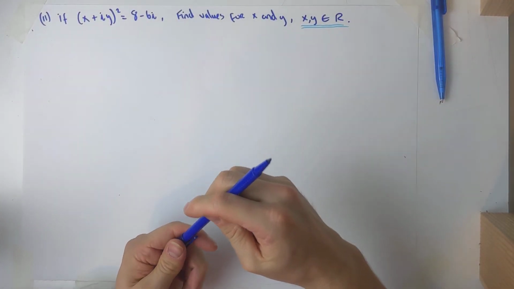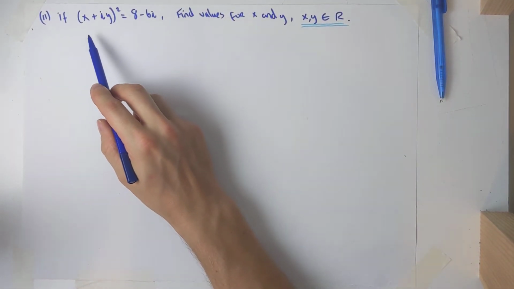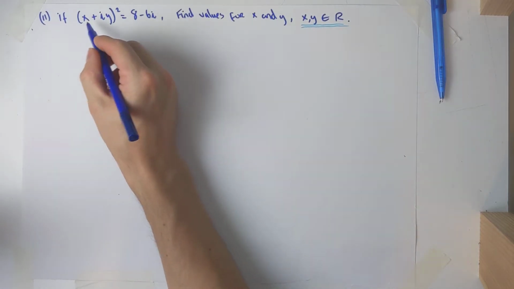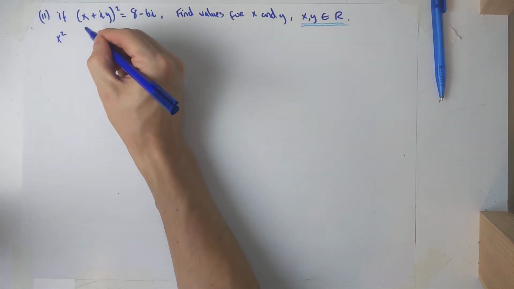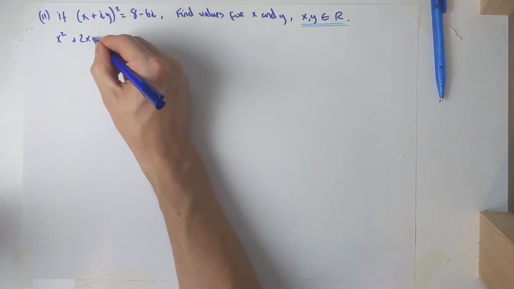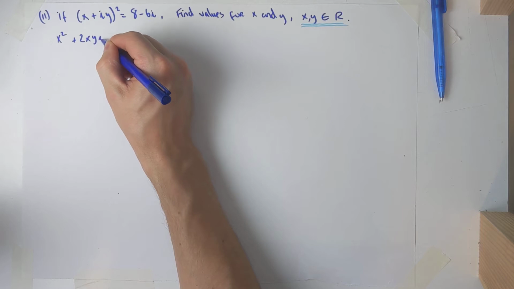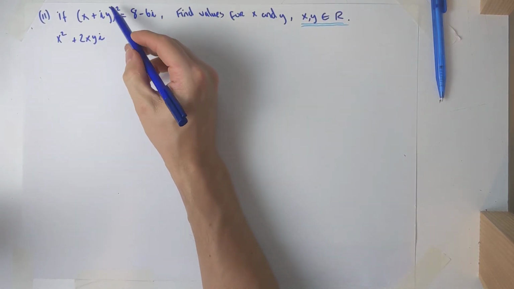So the first thing you've got to do here is expand the left hand side. The first one squared is x squared. Twice the first by the second, you're getting plus 2x, I'm going to call it yi, so I've got real and imaginary, real first, imaginary second.